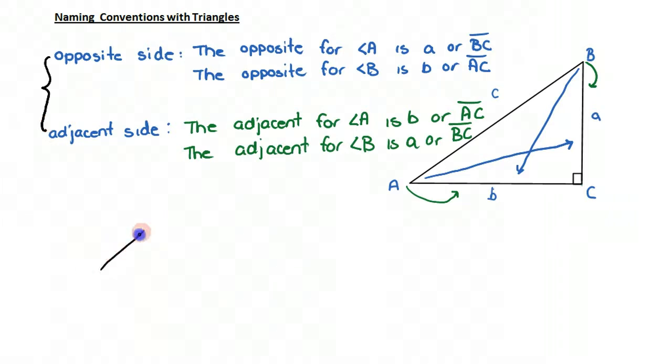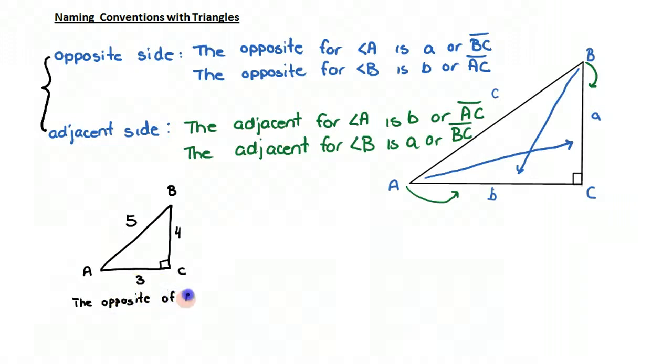So just as a quick little example here, if I do a right angle triangle, and let's say we had this as a 3, 4, 5 triangle, and let's call this ABC. In this case, the opposite of A, and we can go from A directly across, is 4.